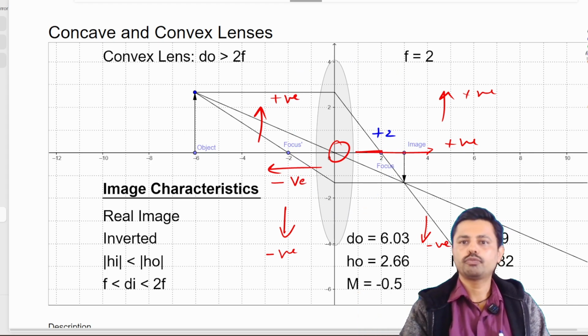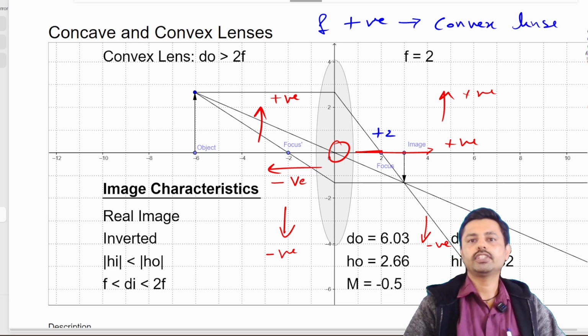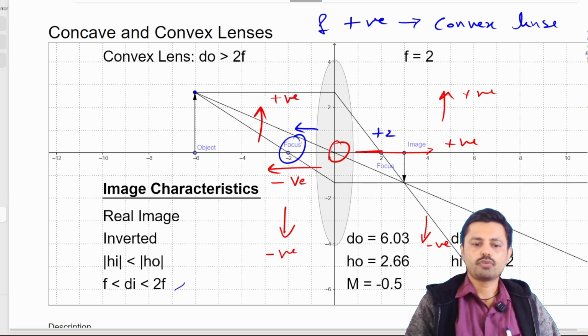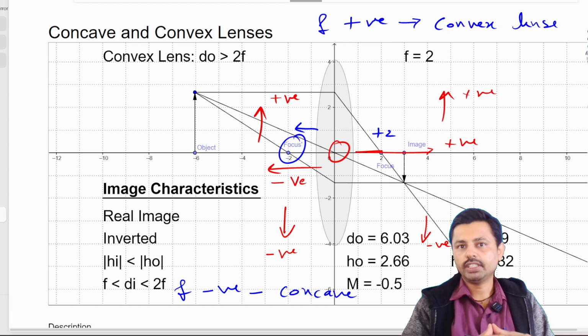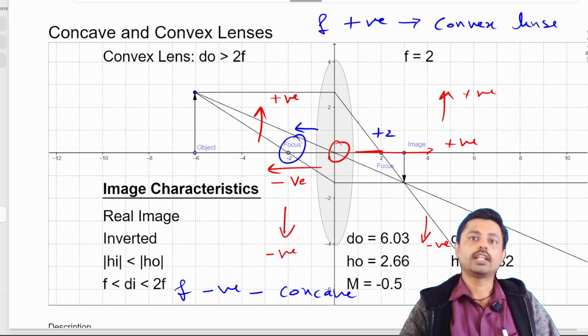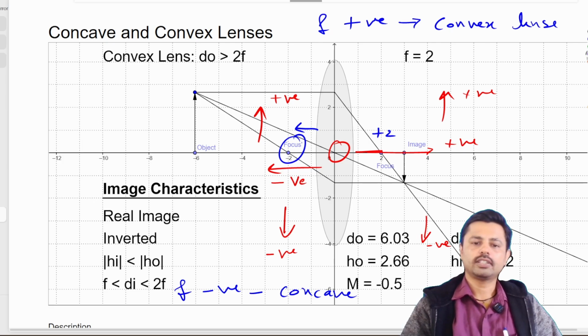So always if f is positive, then it's convex, and if it's negative then it will be the opposite, concave lens. So if focal length is given negative, minus 2, minus 3, if f is negative then it's a concave lens. And what it does, it makes a virtual image and also makes it diminished, whereas the convex lens can enlarge it, magnify it. You can take a screenshot.